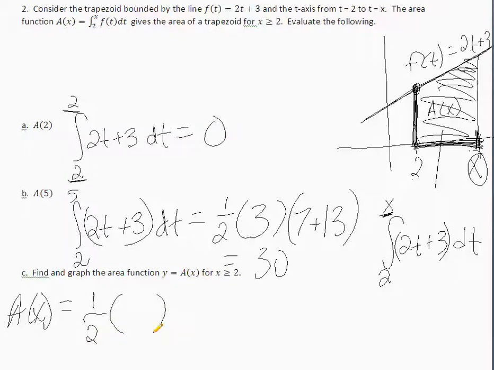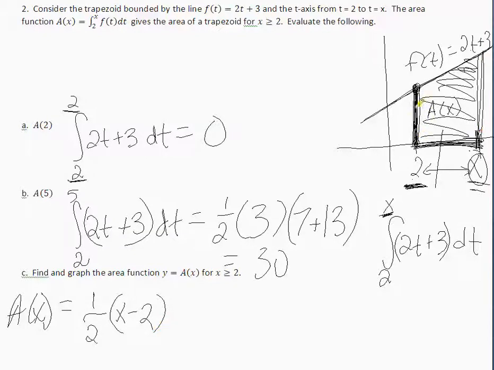What would the height be from 2 to x? If it were from 2 to 3, I would do 3 minus 2. If it's 2 to 5, I would do 5 minus 2. So this distance from 2 to x is just x minus 2. That's really the height of the trapezoid. And then the two bases would still be this and this.